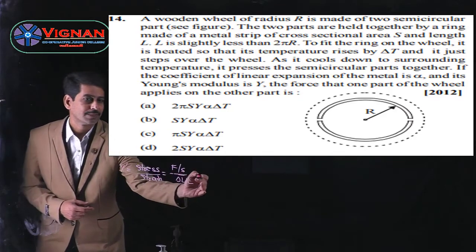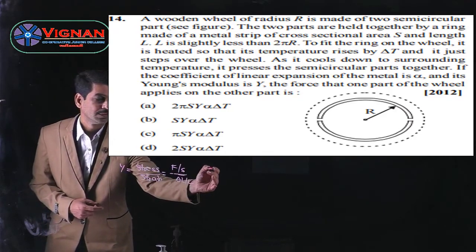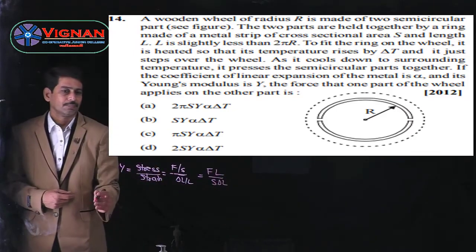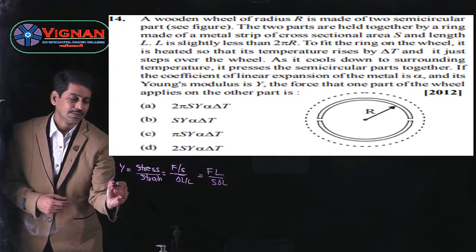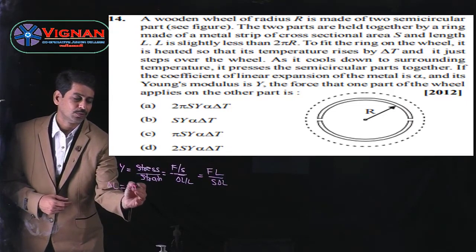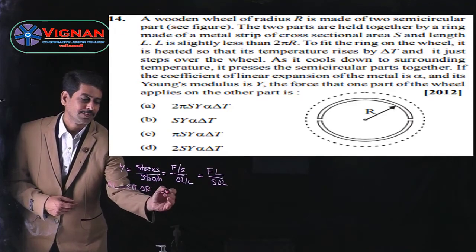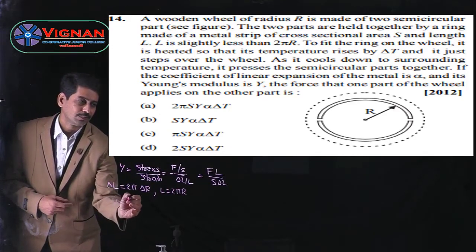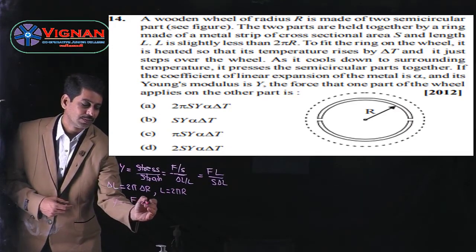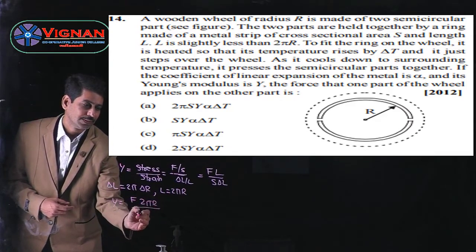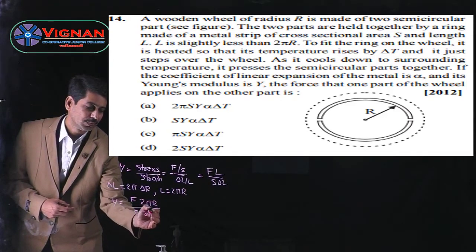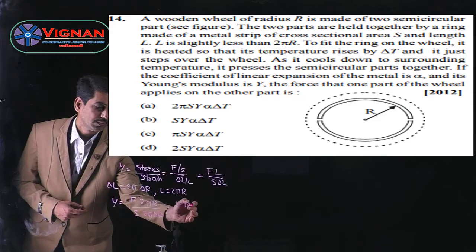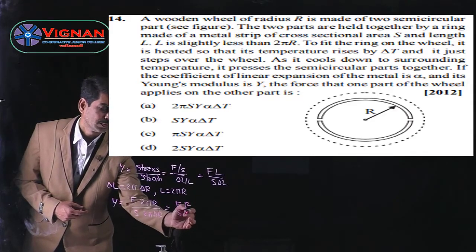So we get this as FL by S delta L. And here delta L is nothing but 2 pi delta R and L is nothing but 2 pi R. So we get Y = F × 2 pi R/(S × 2 pi delta R). So the 2 pi's get cancelled, and we get F × R/(S × delta R).